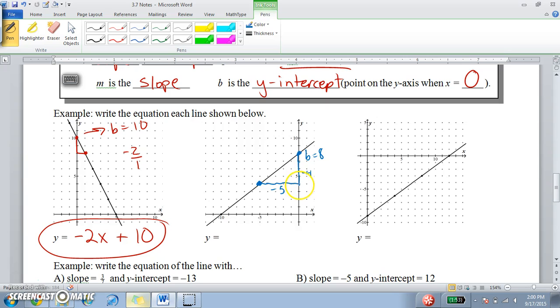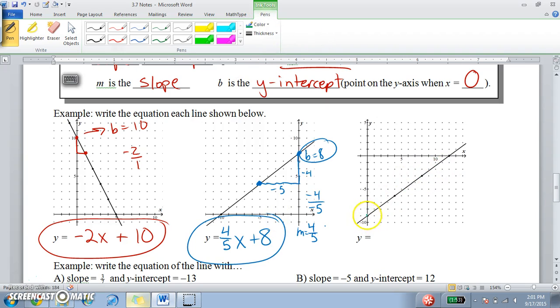So since I counted down and left, both of those are negative, which means this is really a positive slope, because a negative 4 over a negative 5 would turn into a positive 4 over 5. So my slope is positive 4 over 5. So y equals 4/5 x plus our y-intercept was 8.